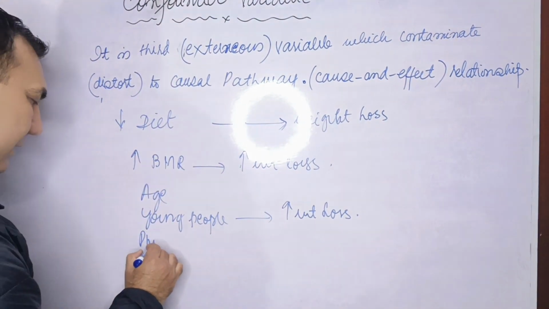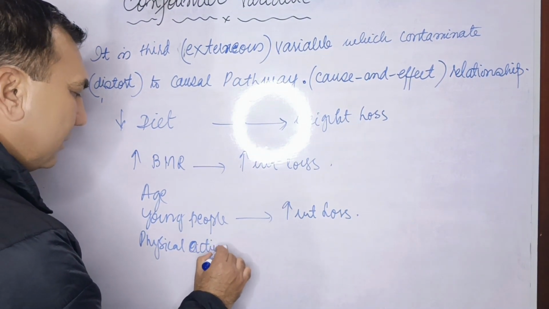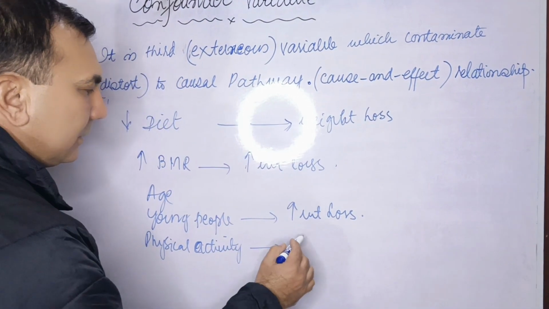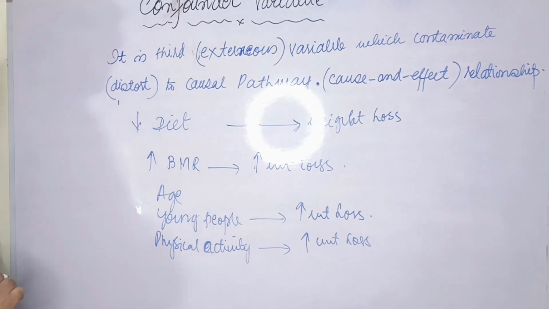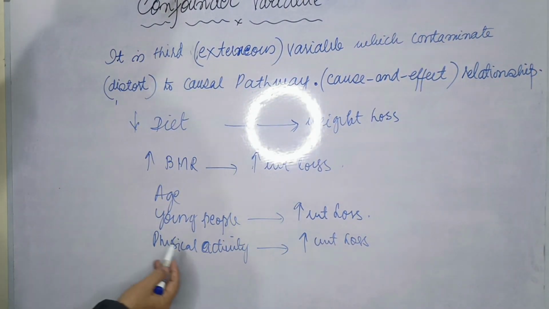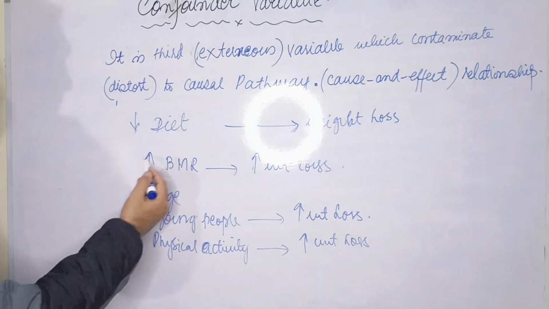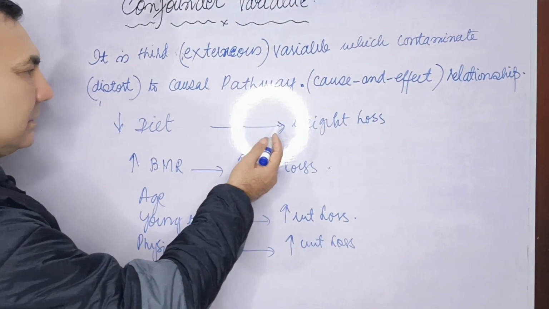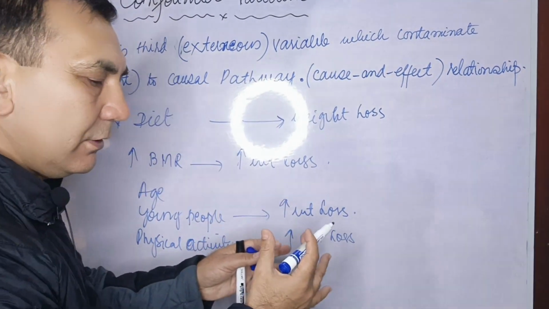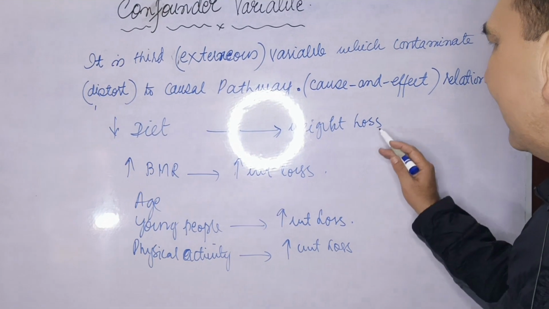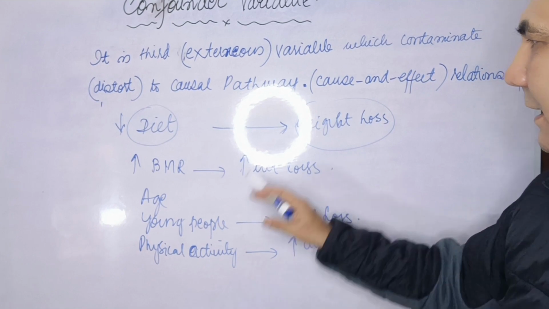And physical activity is a potential confounder which increases the weight loss. The physical activity, young age, and increased BMR are the potential confounders which may distort the relationship between low diet intake and weight loss.